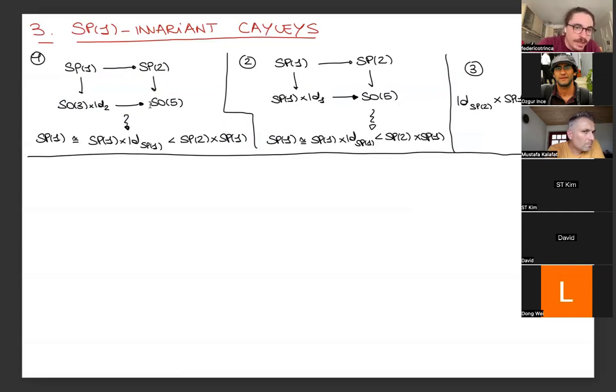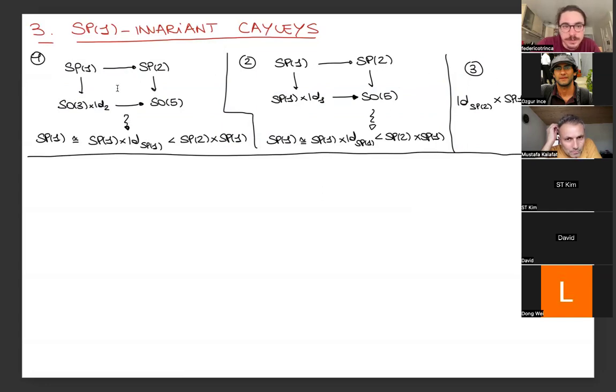Now, the point is that SO5 is double covered by Sp2. Indeed, Sp2 is another way to say that that's Spin 5. And Sp1 is a double cover of SO3. So you can construct such a commutative diagram and this other commutative diagram.